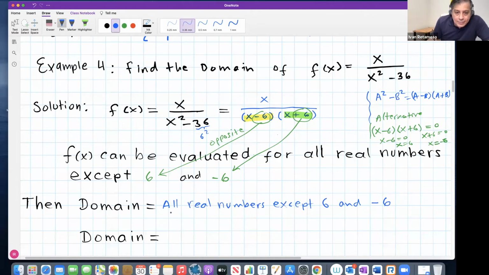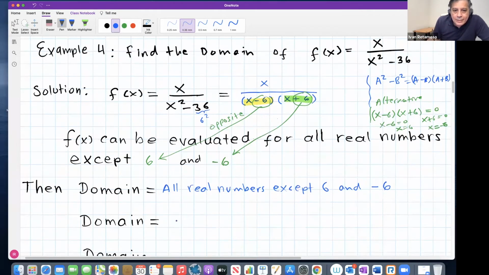Now, how do you write this using interval notation? Using interval notation, remember, you have to set these two values, 6 and negative 6, on the number line, right? Let's make this negative 6, this 6, so there is an order there.